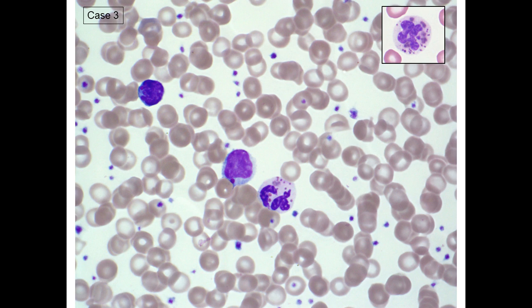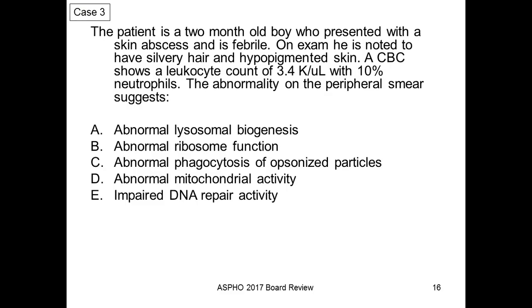Here's the next peripheral smear. And the inset shows an interesting neutrophil. This patient is a 2-month-old boy who presented with a skin abscess and he's febrile. On exam, he's noted to have silvery hair and hypopigmented skin.